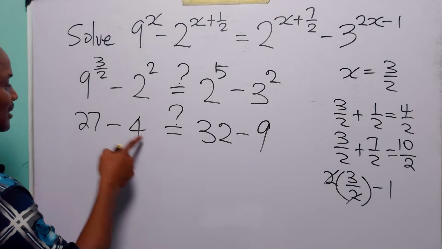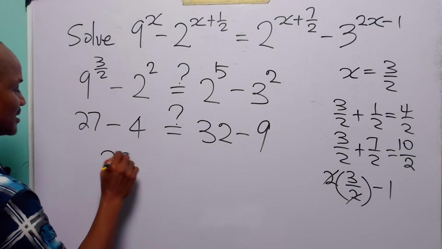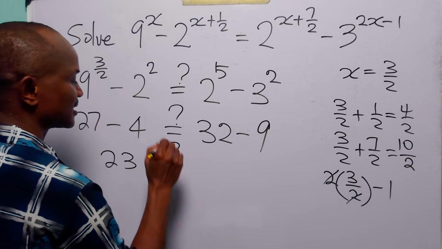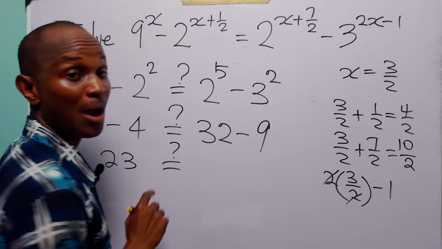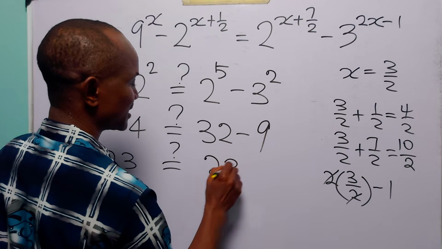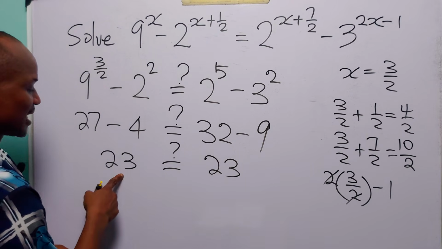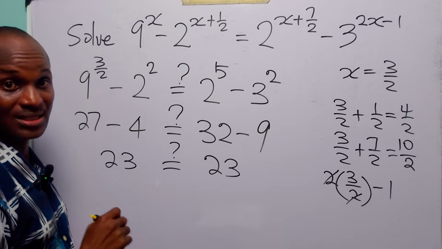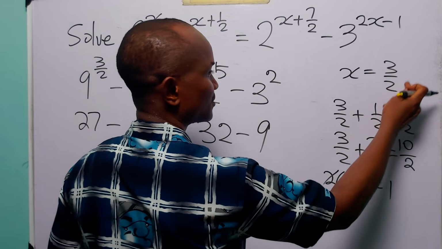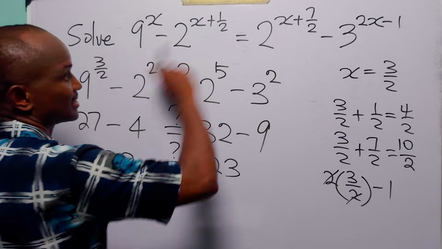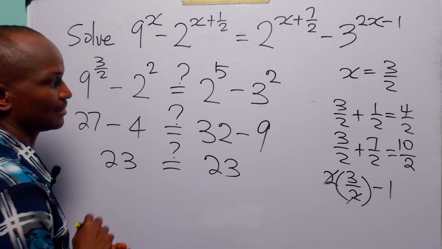Now 27 minus 4 is 23. Is this equal to 32 minus 9, which is 23? Of course, you know that 23 is equal to 23. So when x is equal to 3 over 2, the left-hand side is equal to the right-hand side.